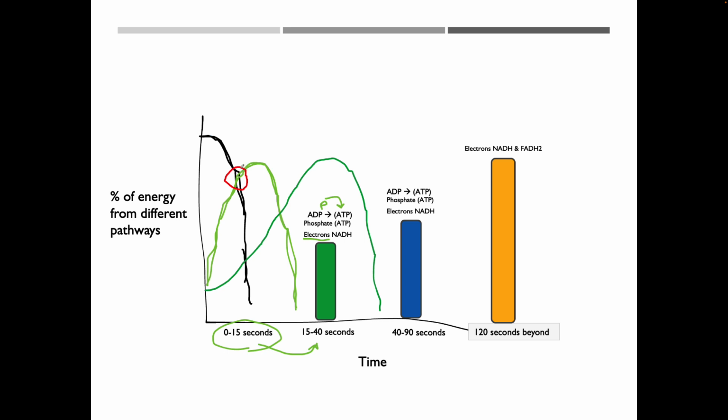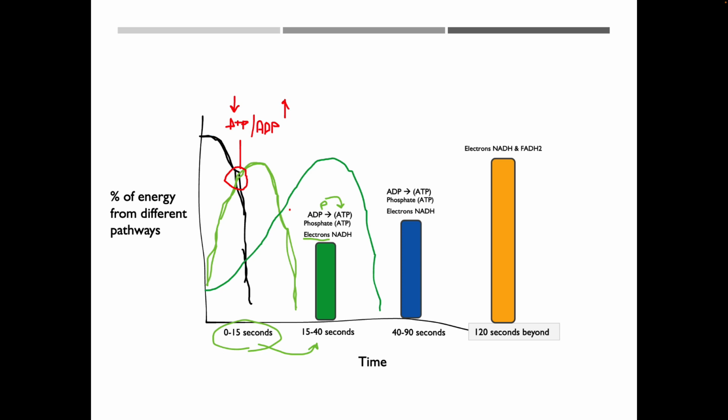This is where that ratio of ATP and ADP changes. That's where this starts to drop and ADP starts to go up. And that's what notifies glycolysis to begin, right? That's what notifies creatine phosphate to start carrying the heavy load.